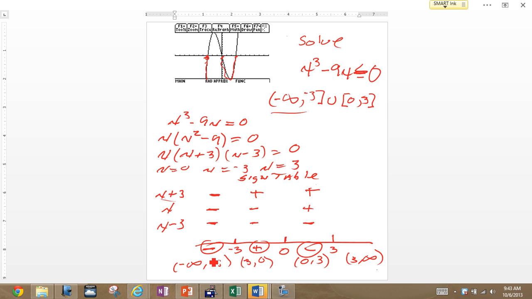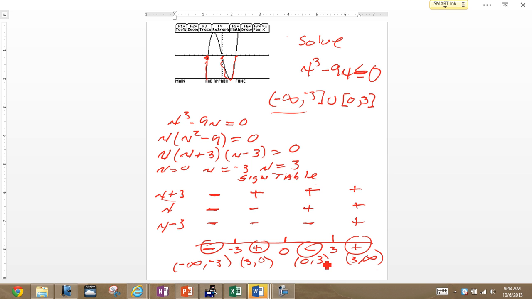We have another negative region, which satisfies the solution to this inequality. But let's wrap this up and check the last region, 3 to infinity. Any sample value works: 5 plus 3 is positive, 5 is positive, and 5 minus 3 remains positive. So we have the product of three positives, which is positive.